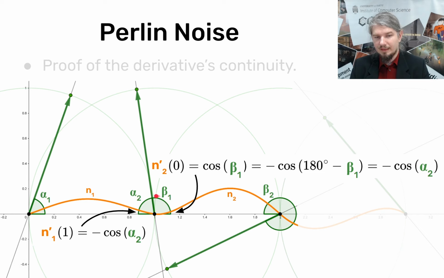So this angle here, the cosine of it, but we can make it minus cosine if we take 180 degrees minus beta 1. That will result in minus cosine, and well, 180 degrees minus beta 1 is just going to be alpha 2 that we had in the previous segment. Thus, we can mathematically see that the derivative of this segment at the starting point is exactly the same, minus cosine alpha 2, that is at the end of the previous segment. And thus we have this C1 surface.